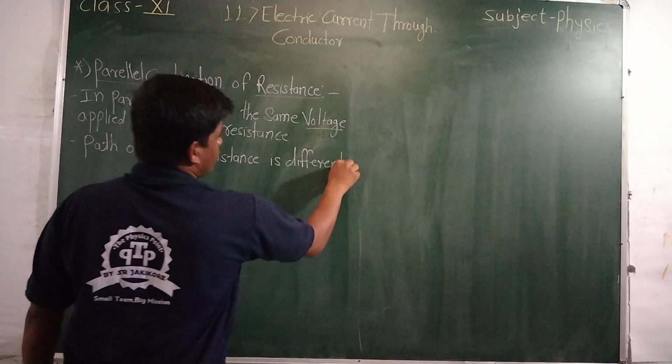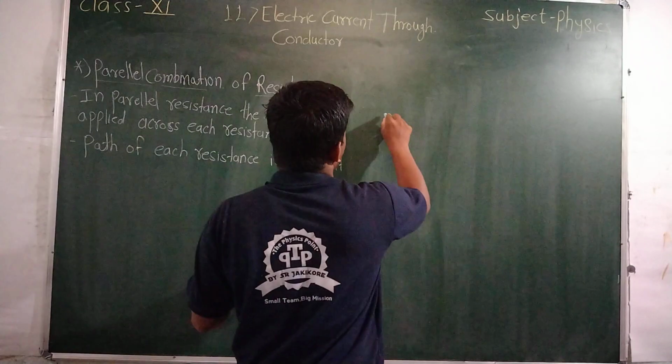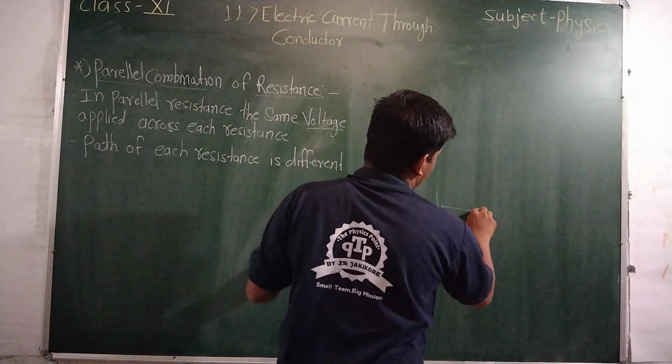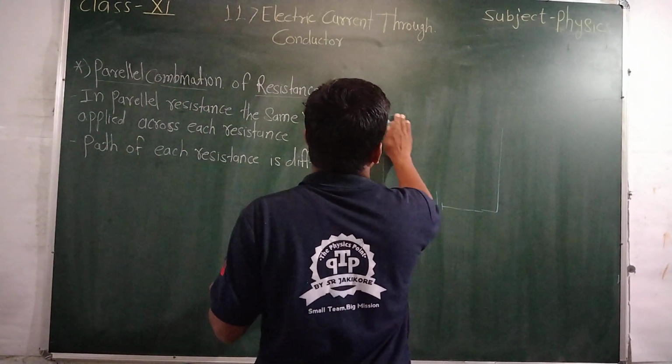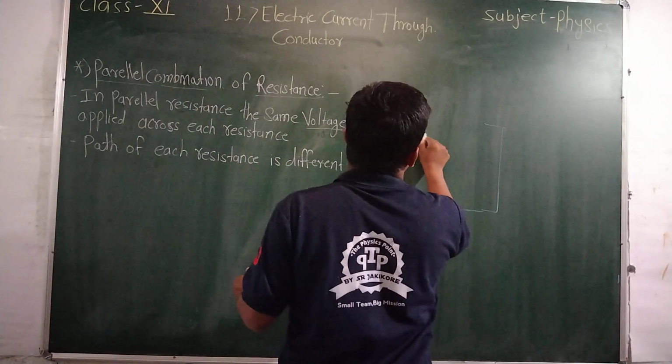Okay, now I will draw a circuit diagram to show you how the resistors are connected in parallel form.